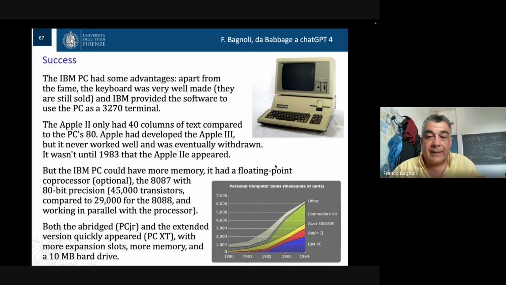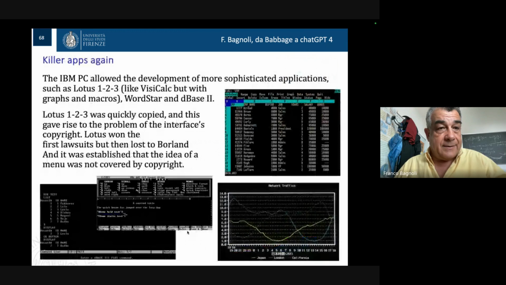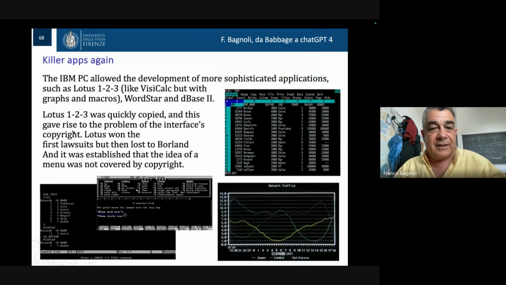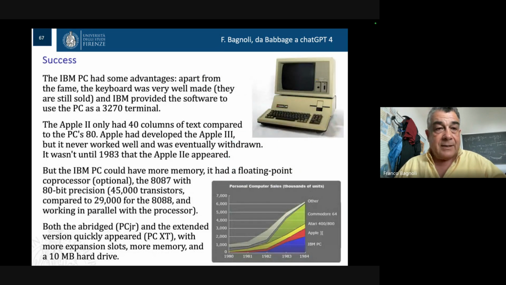And that's how the world essentially started to change in the middle of the 80s. I think that for today it is enough. Other 60 or almost 70 slides, and so we start again next week with the DOS world.